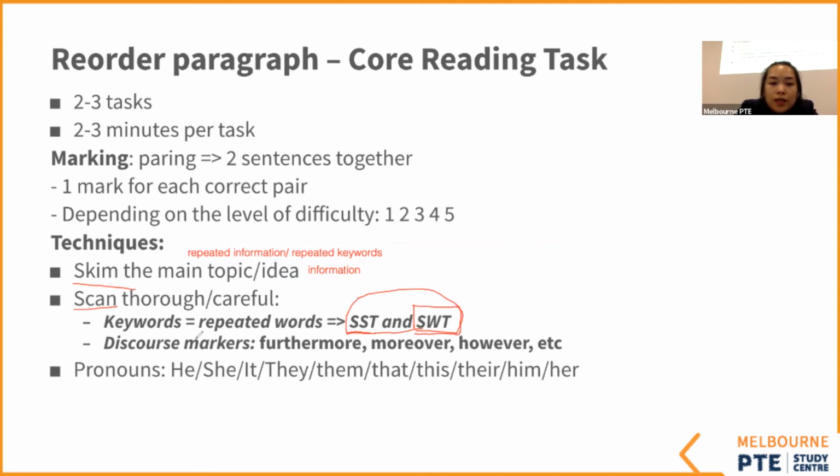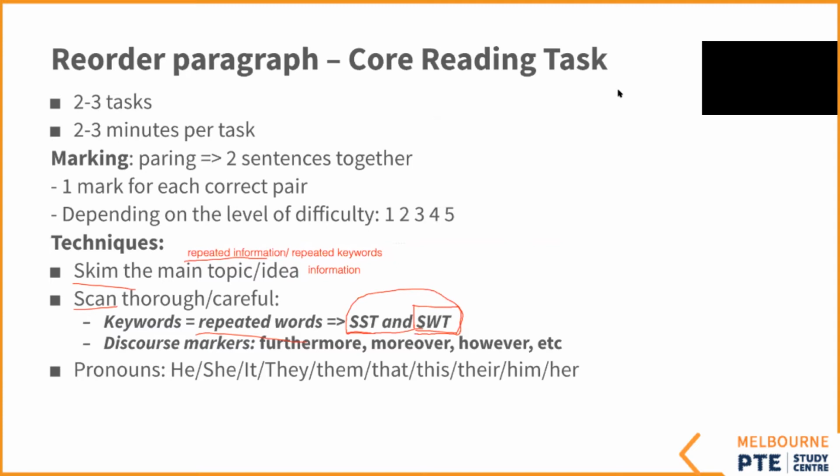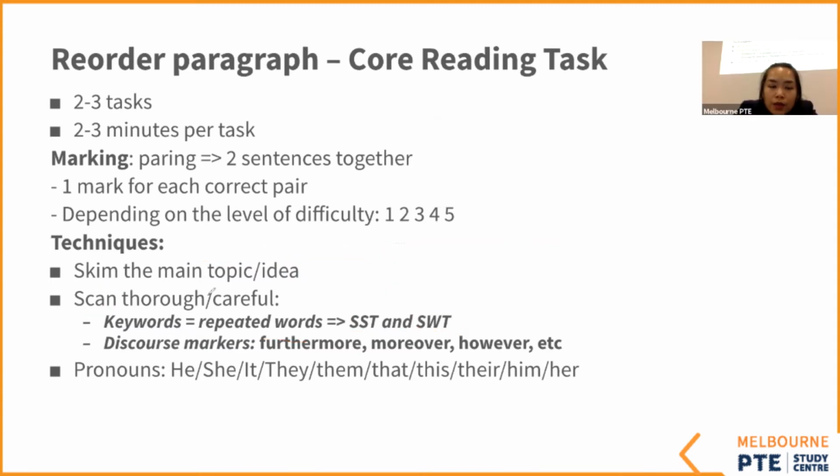We're going to use the same techniques, repeated words. That is how you do your reading. Pay attention to repeated information. When you scan through the paragraph, you need to scan for the repeated words. You see the keyword, because these are the keywords for you.